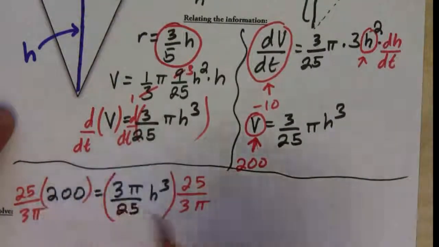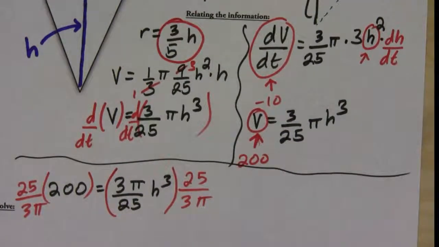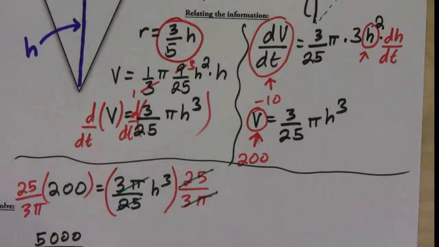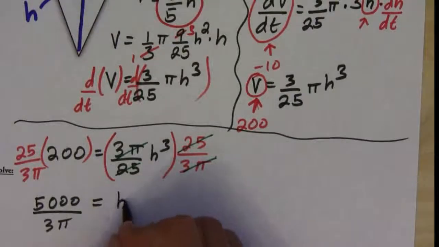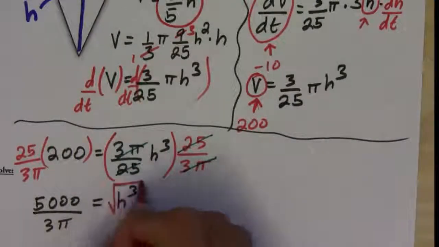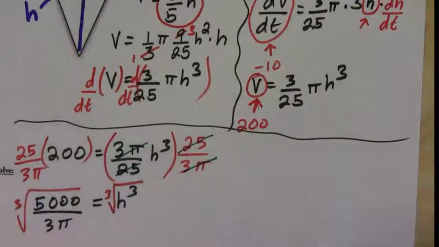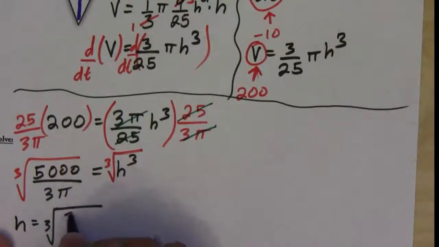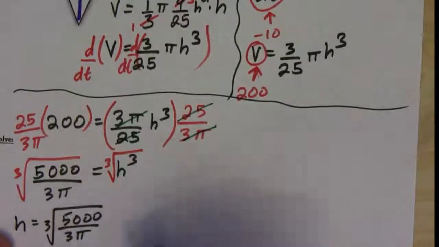So over here I'm going to have 5,000 over 3 pi. And then over here on the right side, these are going to cancel. And this is equal to h cubed. So then I can get the cube root of both sides. So I get that h is equal to the cube root of 5,000 over 3 pi.